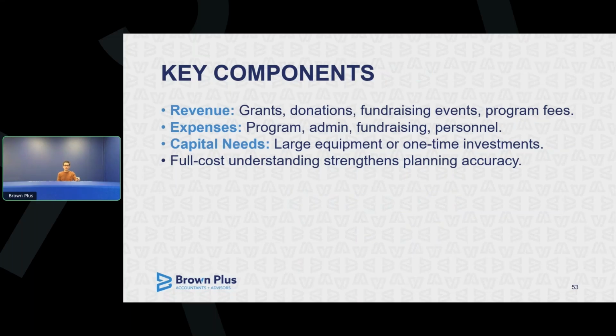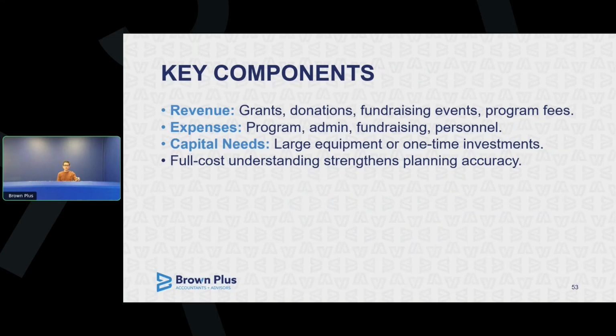Next, you will categorize your expenses. Your expenses break down in the following buckets: program services, administrative and overhead, and fundraising expenses. Program expenses are things that are tied directly to delivering your mission, so they may be program supplies, program staff, materials, travel, and so on. Administrative costs are things that support your organization, such as rent, utilities, technology, insurance, leadership salaries.